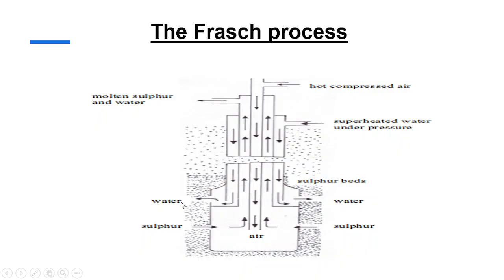So the molten sulfur and the water can be collected at this upper place in that way. Now, how can it be taken into process in this Frasch process?